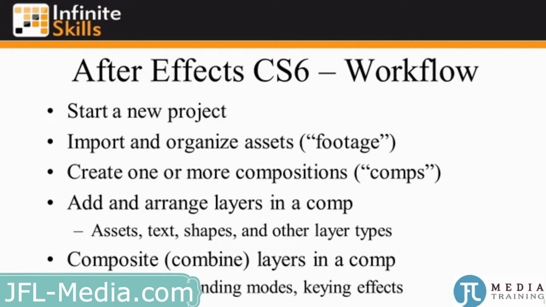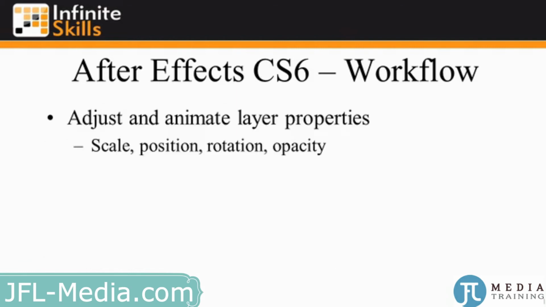Inside the comp, you can sometimes combine layers. Now, let's say you've got a text layer, and that's residing on top of a video file. So you can see the underlying video layer below the text layer without any problem at all. You don't have to do anything to combine them. But some layers need to be combined in some way that you can see the two layers together. And to do that, you use masks or blending modes or keying effects. Then you can adjust and animate layer properties.